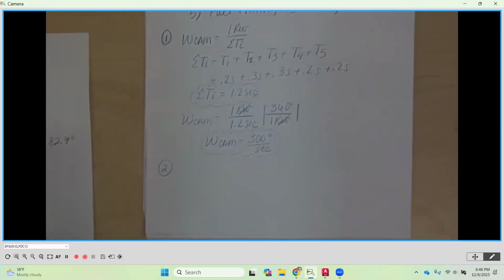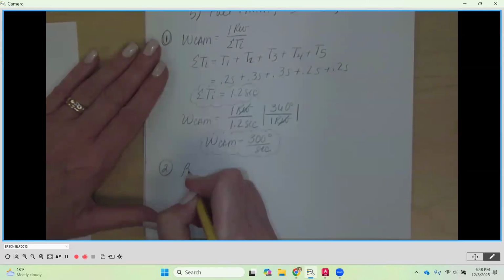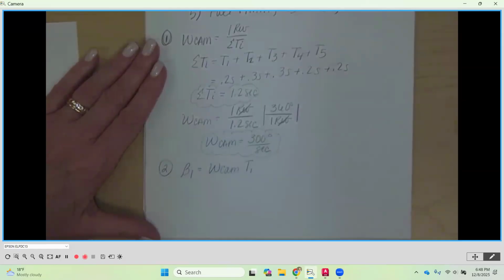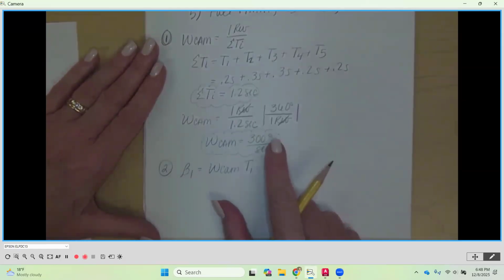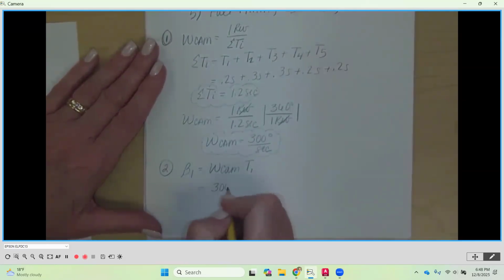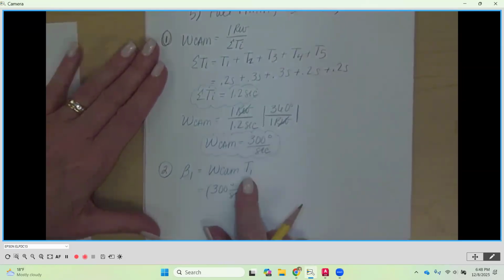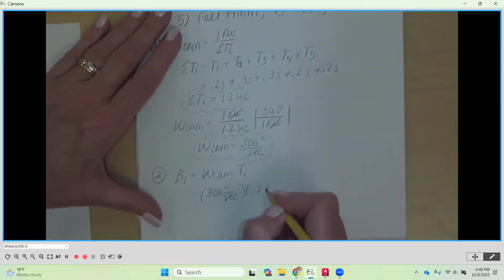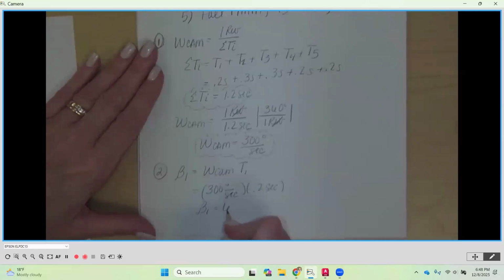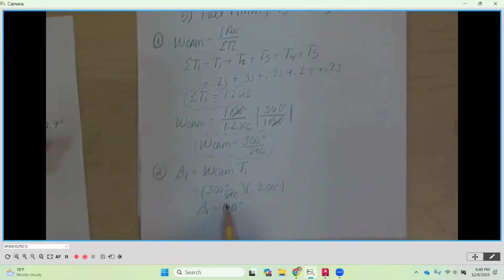Now we can directly use our W and multiply it by the time to get our betas. Beta 1 is the cam rotation times T1. Since this is now in degrees per second, we can multiply directly: 300 degrees per second times 0.2 seconds. So beta 1 is 60 degrees.